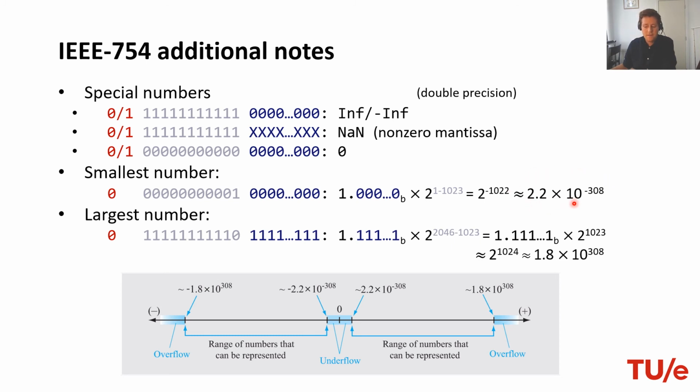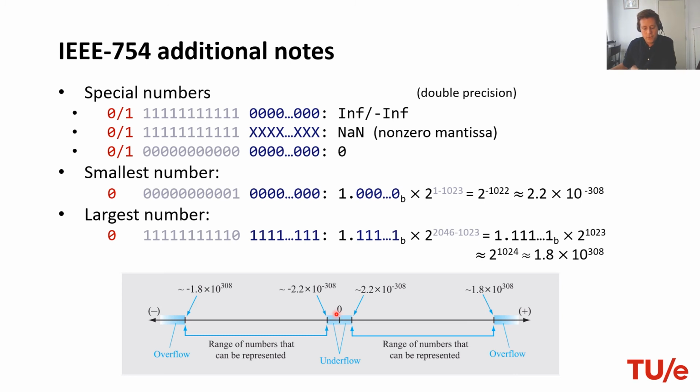So note that this is very small, but for instance, a number 1 times 10 to the power minus 309 could not be stored as a floating point number in the IEEE standard. So this means that there is a gap between 0 and this smallest possible number.